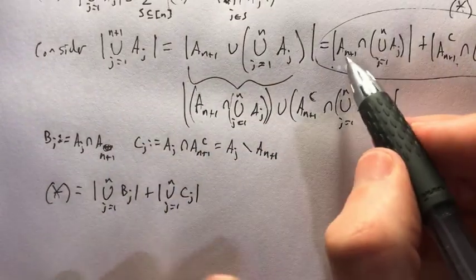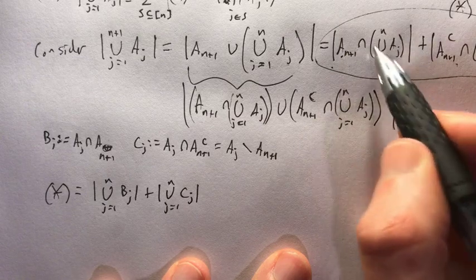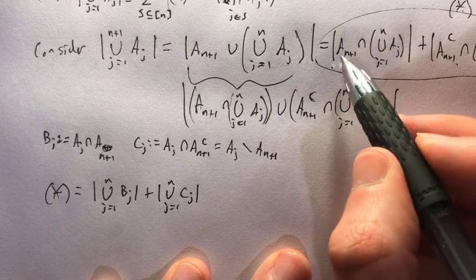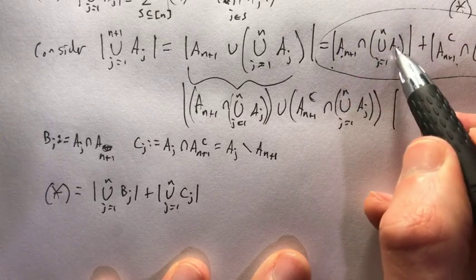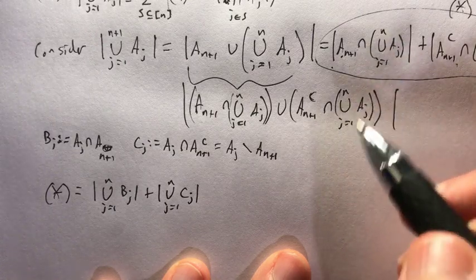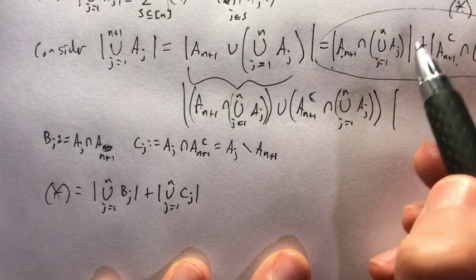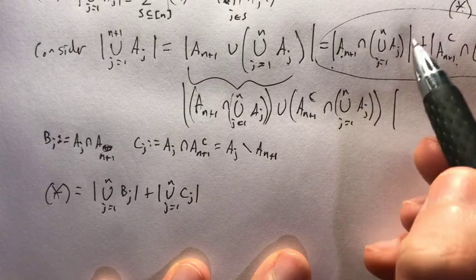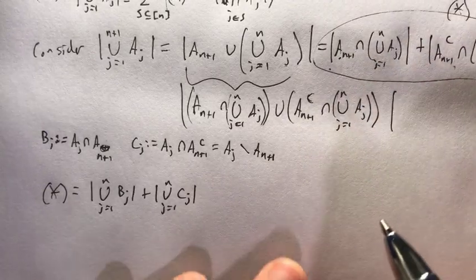And why is that? Because A sub n plus 1 intersected with this big union is the union of A1 intersect A sub n plus 1, unioned with A2 intersect A sub n plus 1, unioned with A3 intersect A sub n plus 1, etc.